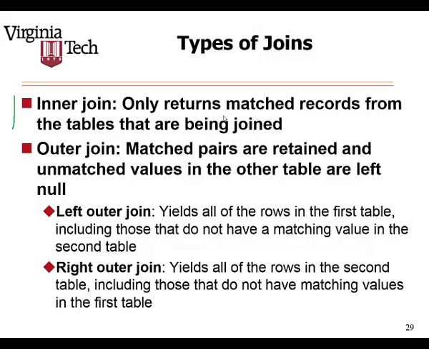Otherwise, you are inserting a row without the necessary information. But anyhow, inner join is what we do the most of. Outer join just means give me all the rows that match from one table, and if there is no match, don't show for the other table.